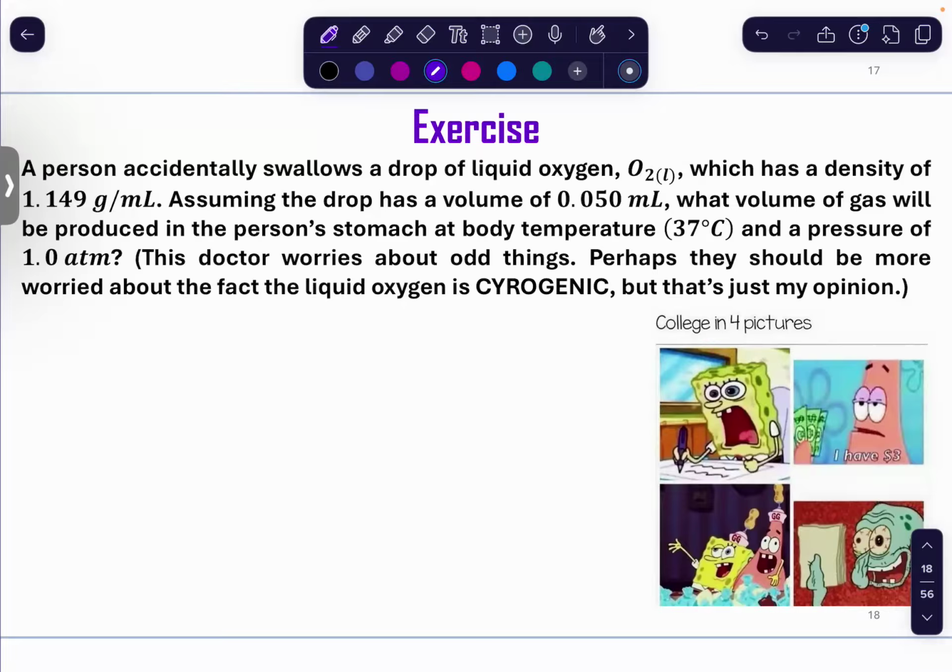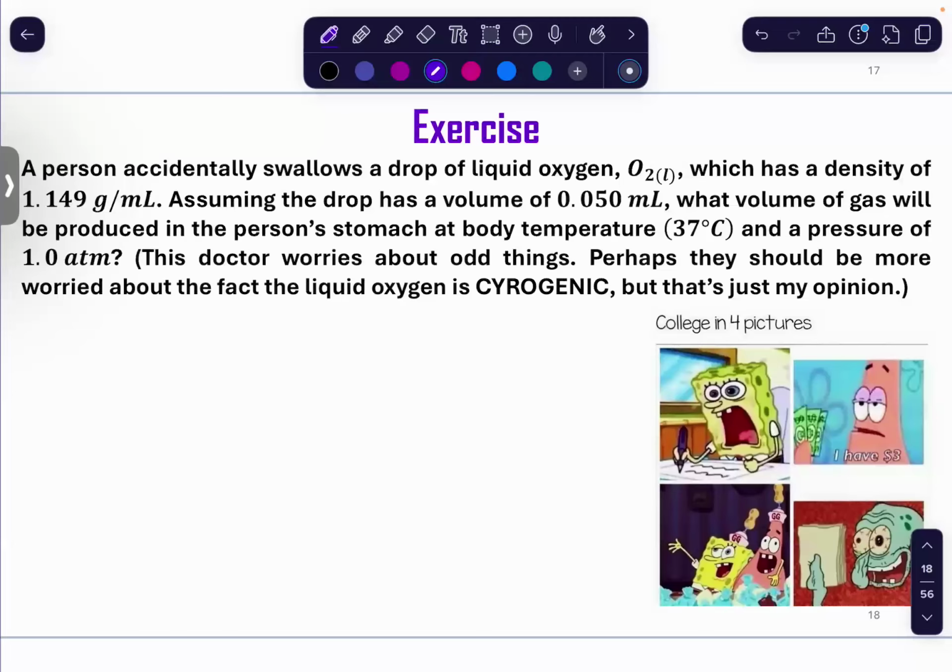So, a person accidentally swallows a drop of liquid oxygen, O2, which has a density of 1.149 grams per milliliter. Assuming the drop has a volume of 0.050 milliliters, what volume of gas will be produced in the person's stomach at body temperature, which is 37 Celsius, and a pressure of 1 atmosphere?